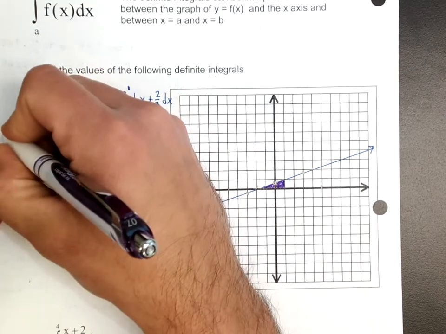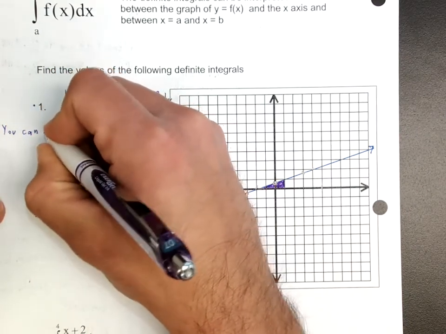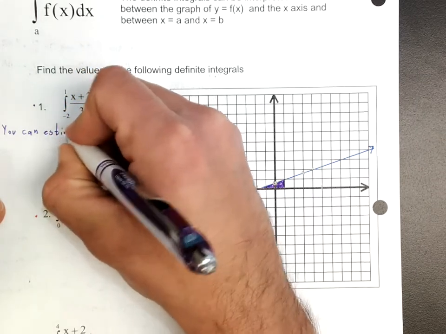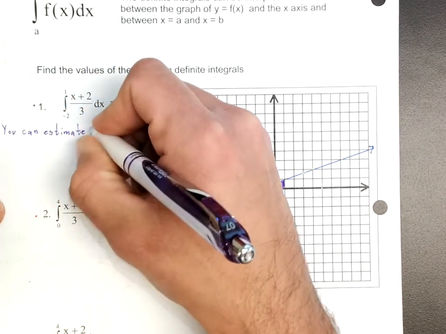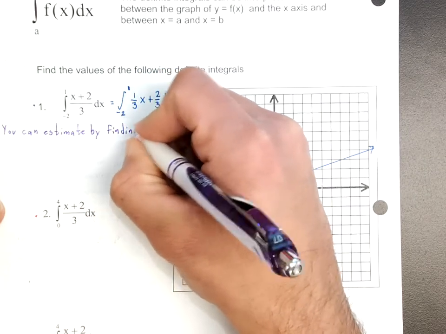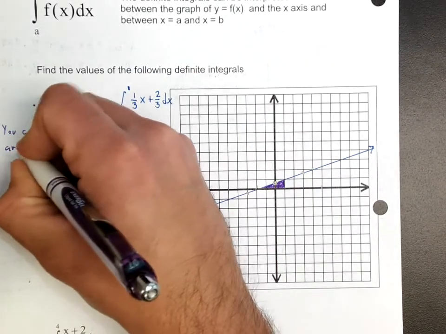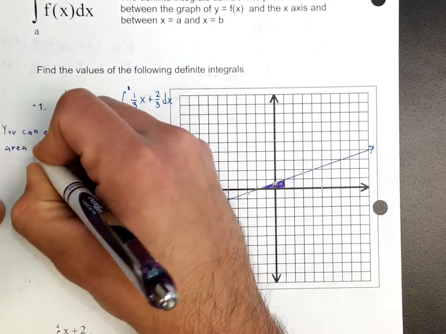We're going to say, and I'm going to write this for your notes, but if you're listening to this, you don't have to write it: you can estimate by finding the area under the line.